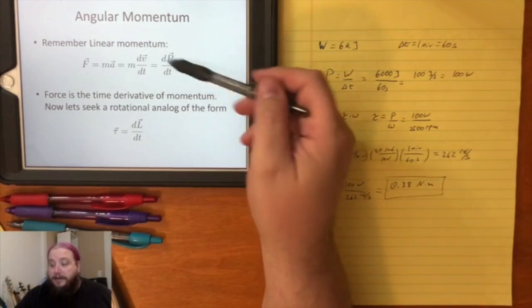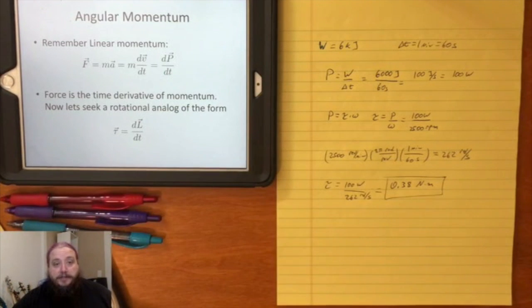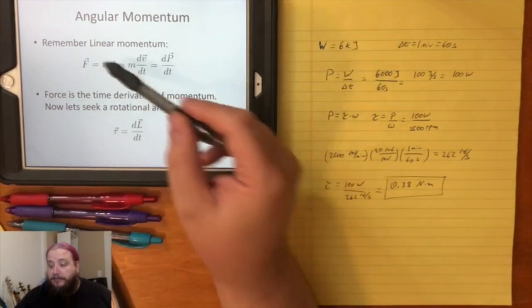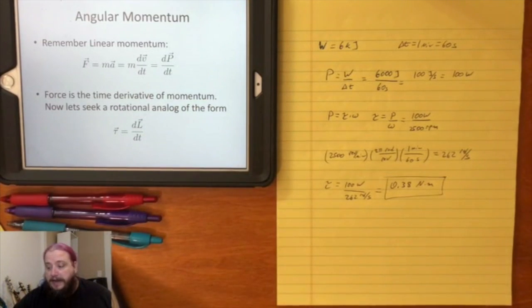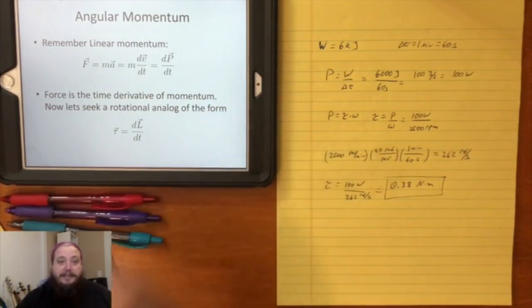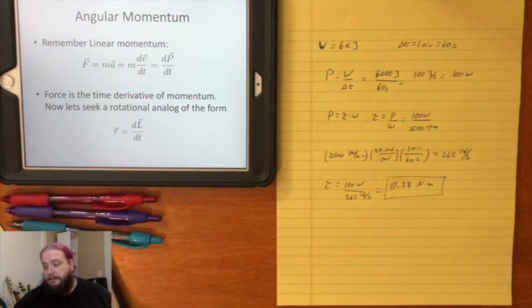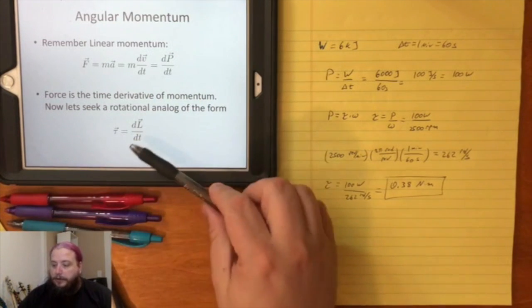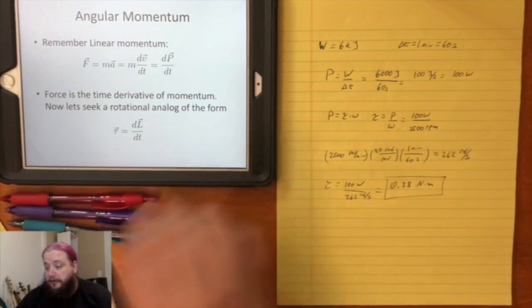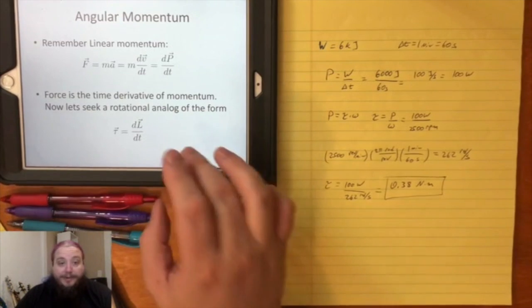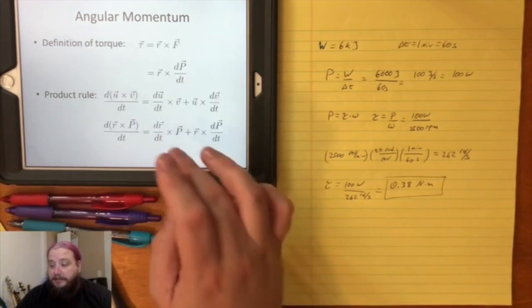To make another analog for this equation, we would need to replace force with its rotational equivalent, torque, and a new quantity, angular momentum. Then we would hope that the torque would be the rate of change of angular momentum. So what does this angular momentum quantity have to look like?